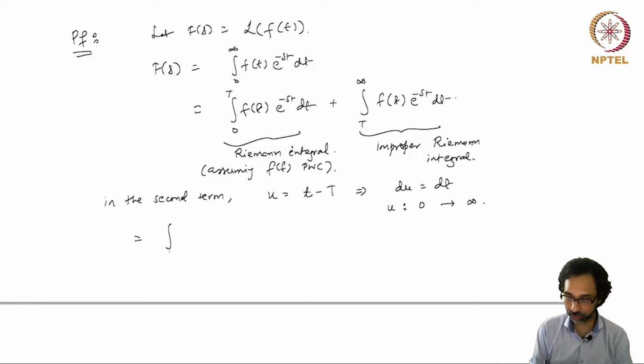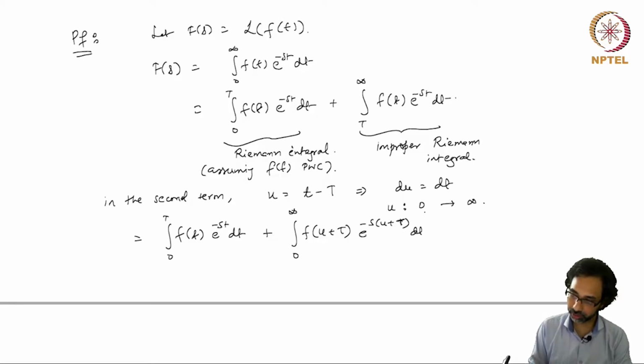So this equals the integral from 0 to T of f(t) e to the minus st dt plus the integral from 0 to infinity of f(u + T) e to the minus s(u + T) du.